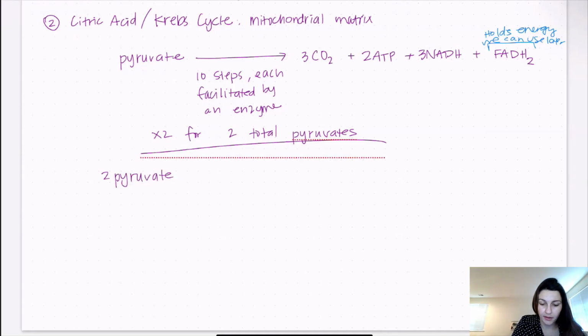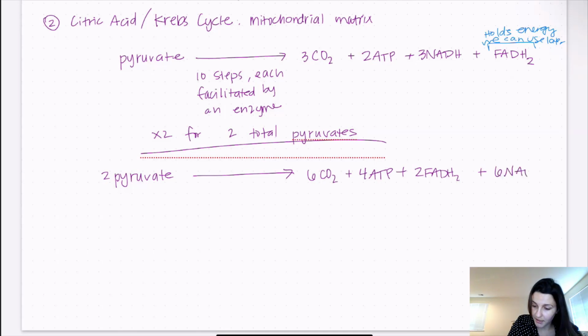We have 10 steps. Then we get double all of our products. So we have 6 CO2 plus 4 ATP, 2 FADH2, and 6 NADHs.